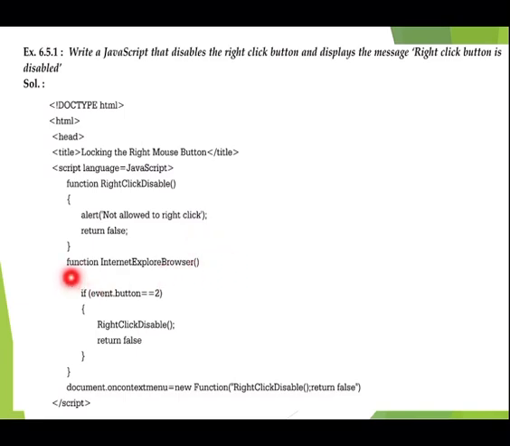The next function is for the Internet Explorer browser, where we can disable your right click button. If event.button is equal to 2, then call the function rightClickDisable. Here event.button is used: button 1 is your left button and button 2 is your right button.